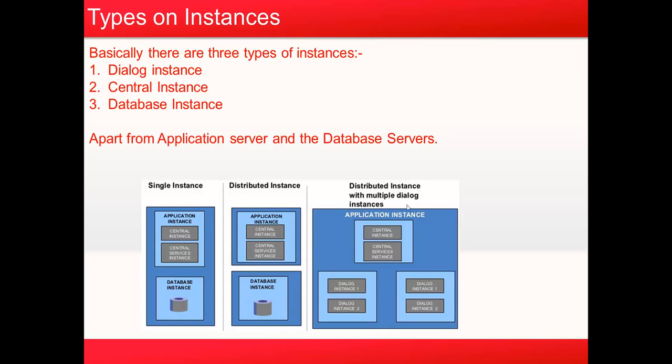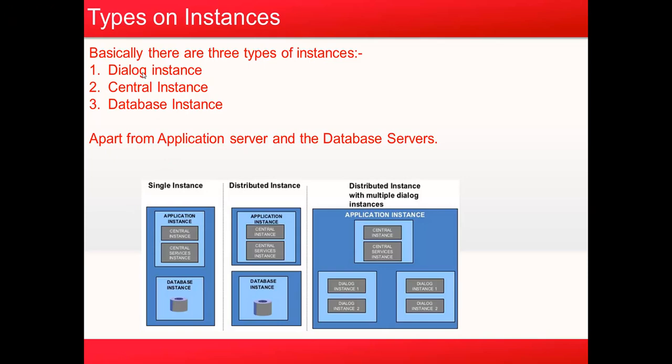If it is a distributed instance with multiple dialog instances, you can see this is one dialog instance, this is another dialog instance, and these are the central instance and central services instance along with the database instance.